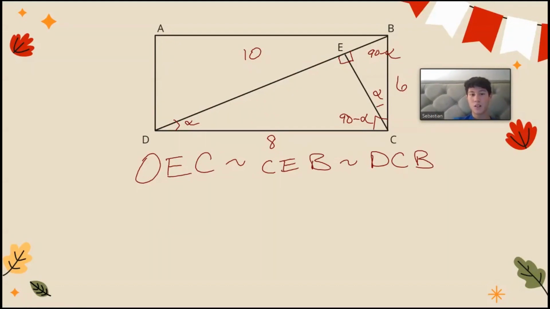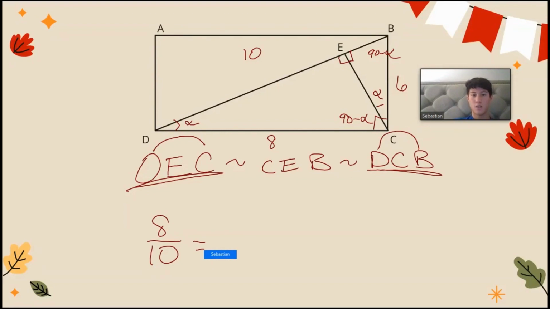So we can look at this triangle and this triangle. And for reference, that is this triangle right here and this big triangle right here. So we have DC, that's 8 over DB, which is 10, and this equals EC.